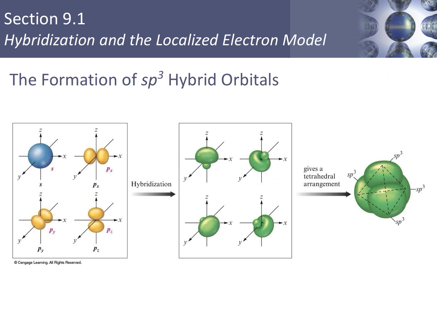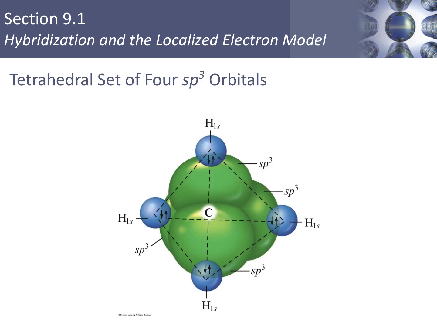Here you can see what the 4 sp3 hybrid orbitals look like after the s and p atomic orbitals have been combined. And here's what that methane molecule looks like with the 4 sp3 hybrid orbitals. And here is the 1s orbital from each of the hydrogen atoms, bringing in its electron to share with the carbon electrons.